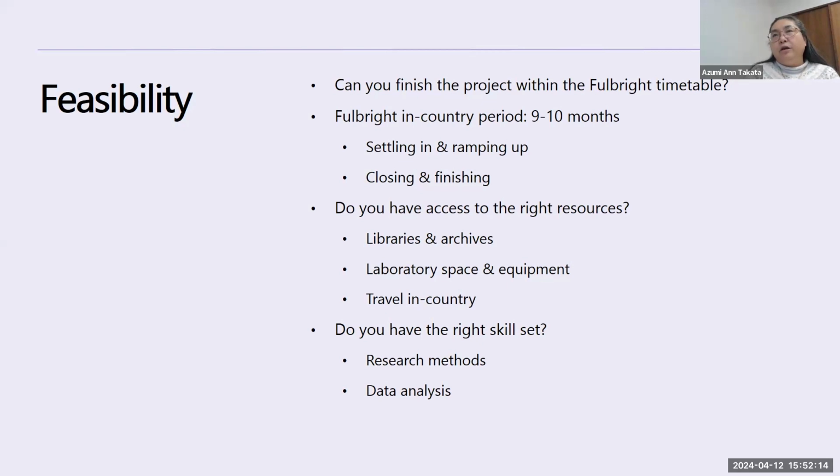Do you know the right methodologies, and can you actually do the right kinds of data analysis so you can get to the conclusions? These are all questions about feasibility, and it has to do with, can you actually get your project done, and do you have the skill set to actually do the project that you say you are going to do? So this is one of the important aspects that Fulbright will look at when they're evaluating your project.